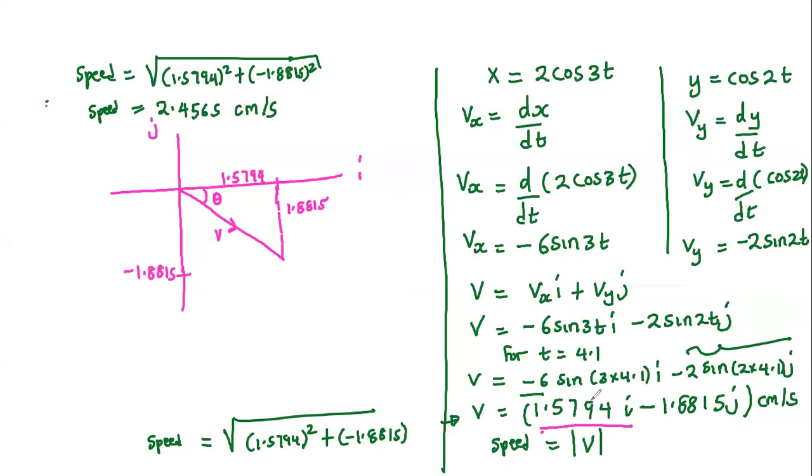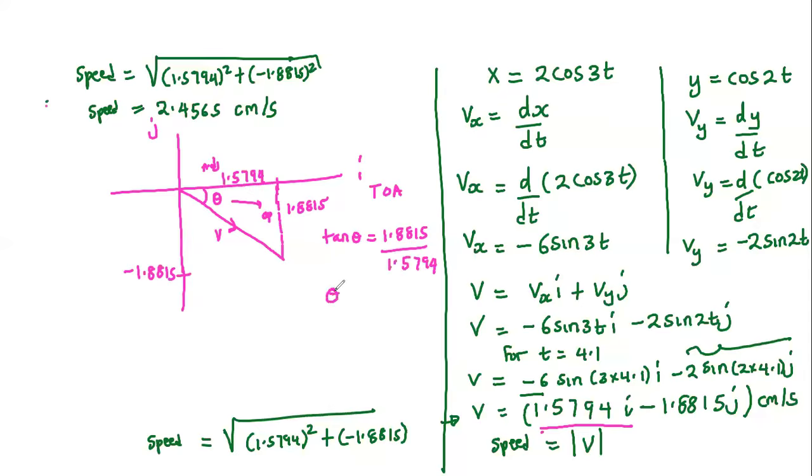This negative, when you sketch, it is showing you in which quadrant is your angle. That's in simple terms. So we should know that this is the opposite and this is the adjacent. So I use TOA, which means that tan of theta is equal to opposite, which is 1.8815, divided by the adjacent, which is 1.5794.